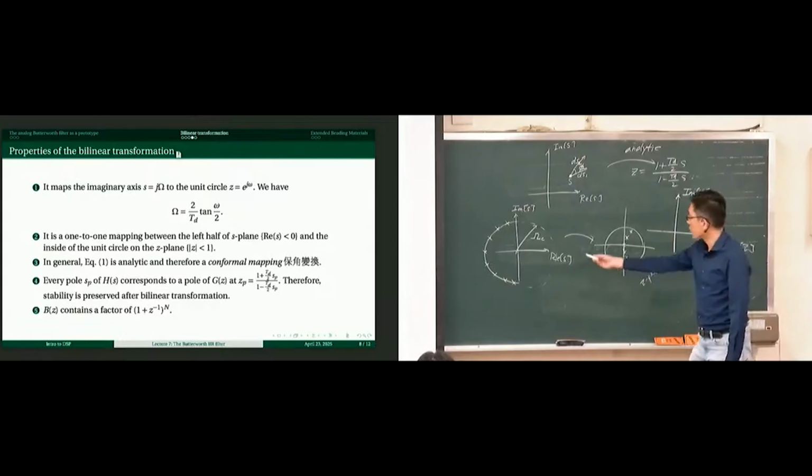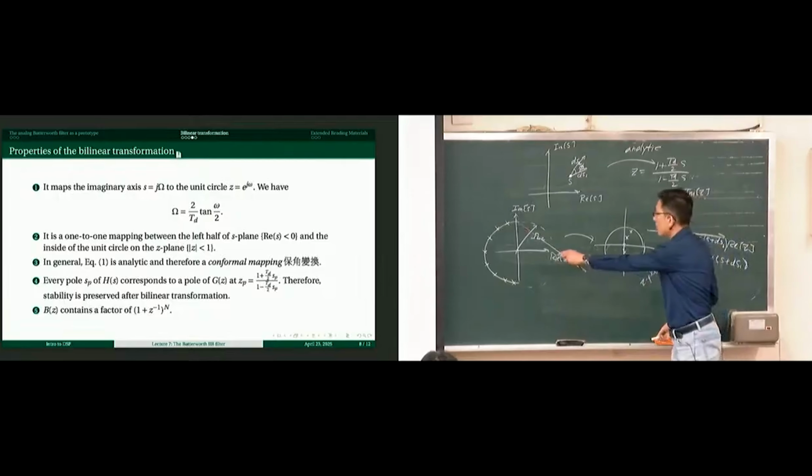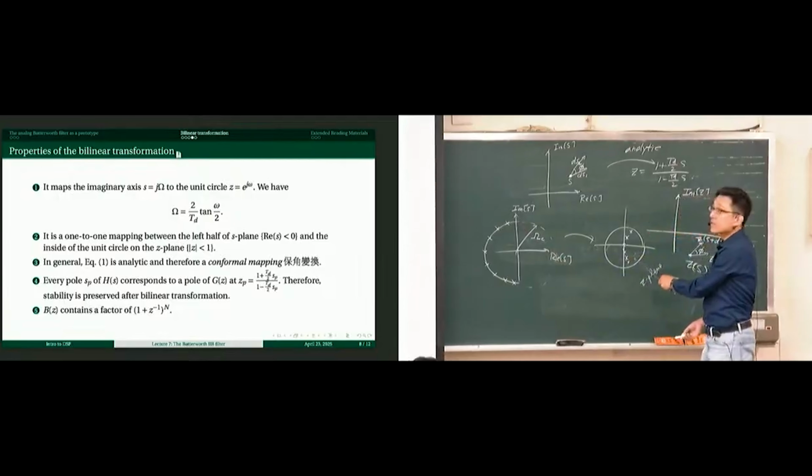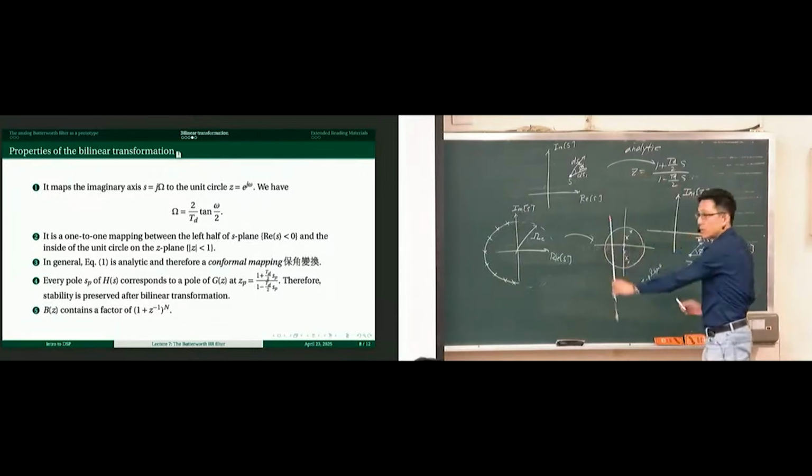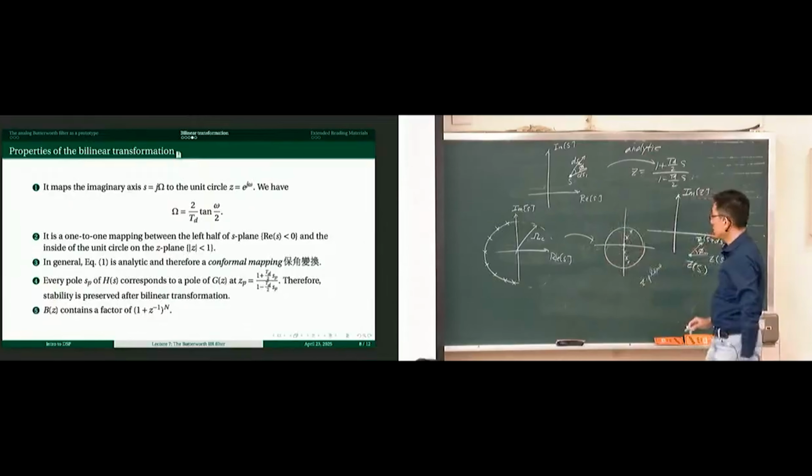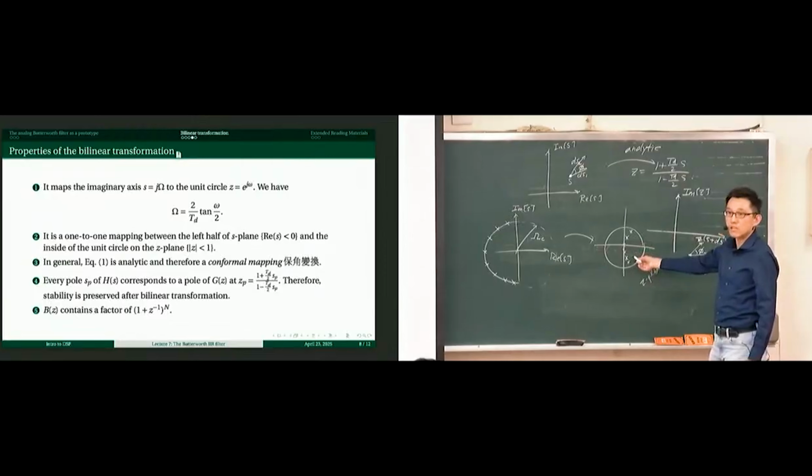Stability is preserved after bilinear transformation because all the poles are going to go inside the unit circle. Okay, to ensure that now our design, which I just erased, 我刚刚擦掉了, will be a stable system because all the poles are now inside the unit circle in the Z plane. Okay? Stability is preserved.